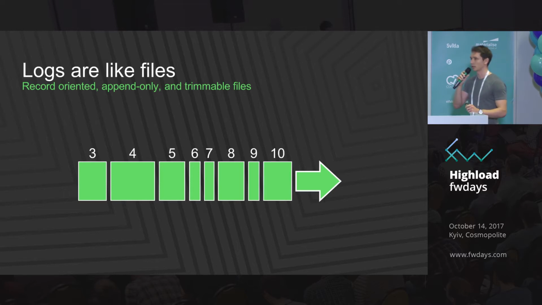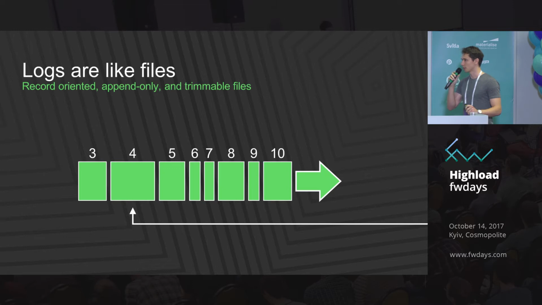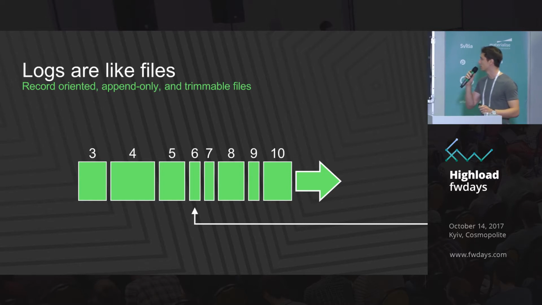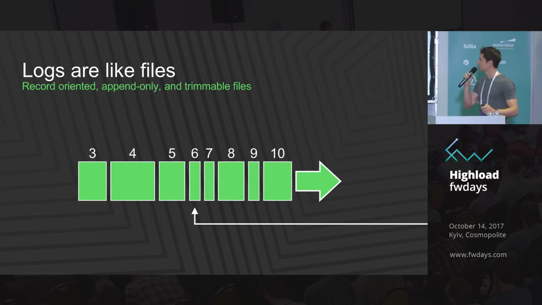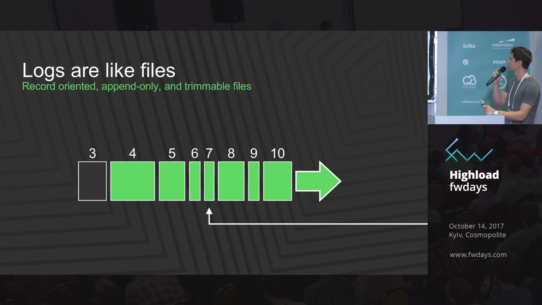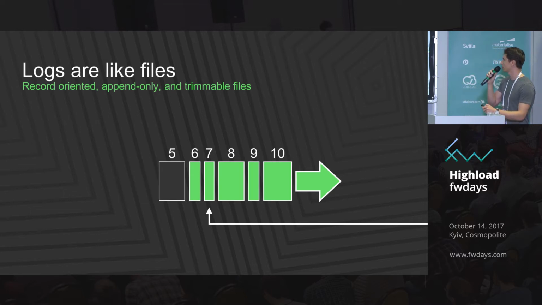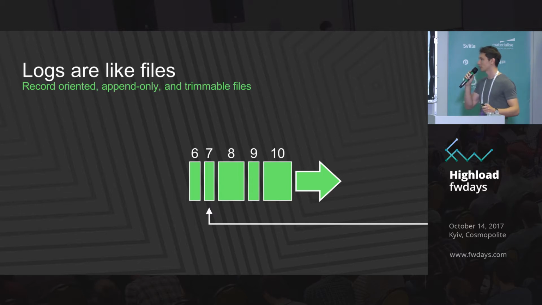Second, when we read, we usually specify a first point from where we are going to read, and then we sequentially read data from this point. And of course, there is a trimming operation, and that's how we delete logs. We can only delete logs from the oldest end, from the beginning of the log, and we just trim them one by one or in groups.